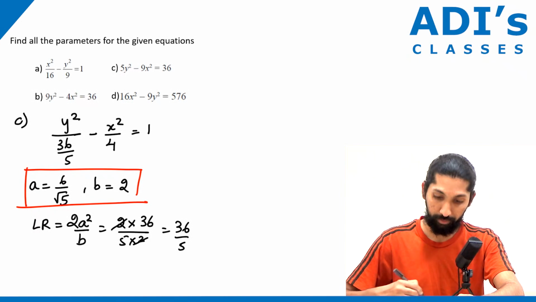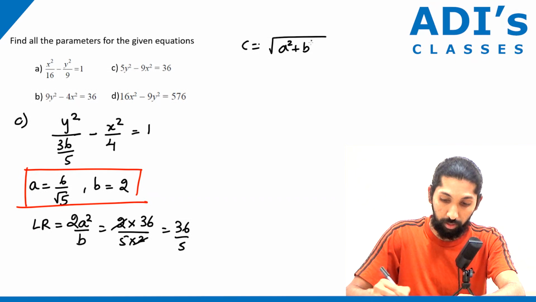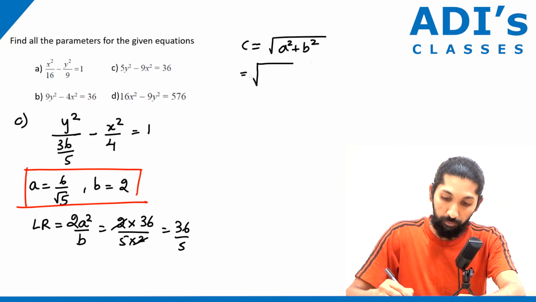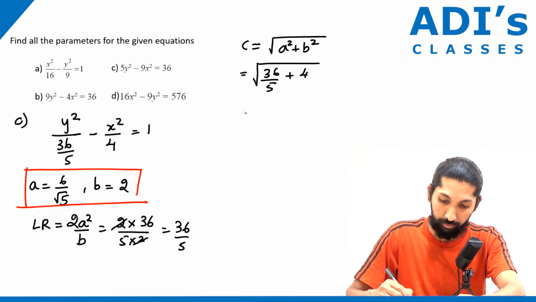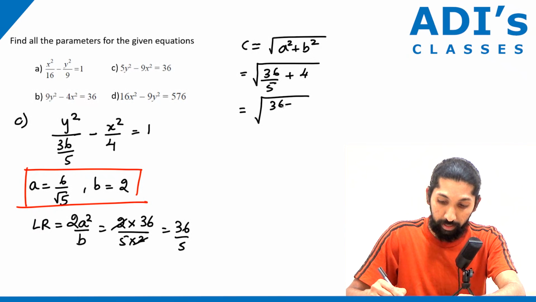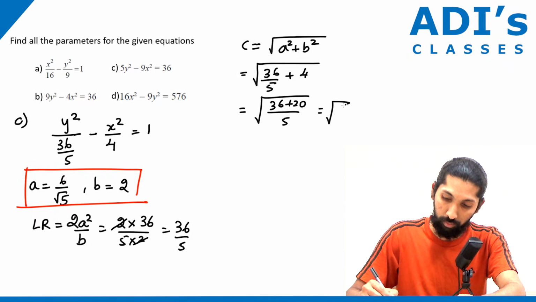Fair enough. Then the value of c for the focus, or you can say foci: c is root of a square plus b square. Root of 36 divided by 5 plus 4, which is root of (36 plus 20) divided by 5, so root of 56 by 5.